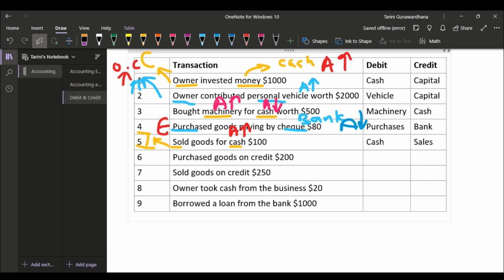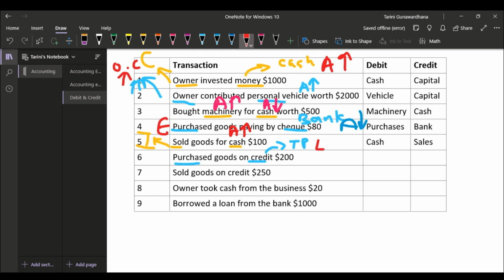Question 6. Purchased goods on credit. Now it's a different case. Purchased goods on credit. That means we buy goods now but we pay later. So in such a case, the third party involved is a trade payable. We will have to pay him one day, and he's also called a creditor, which is nothing but a liability for the organization.